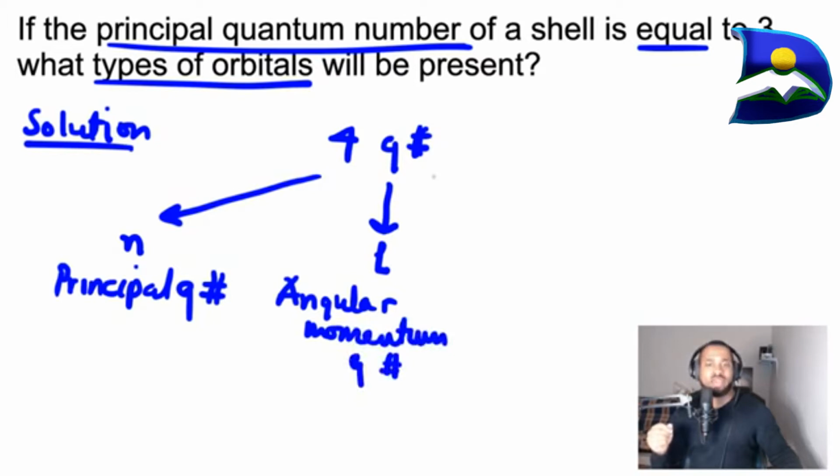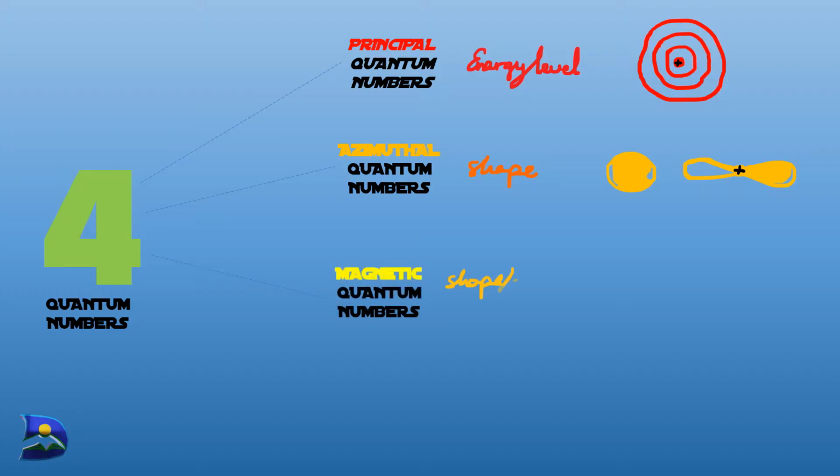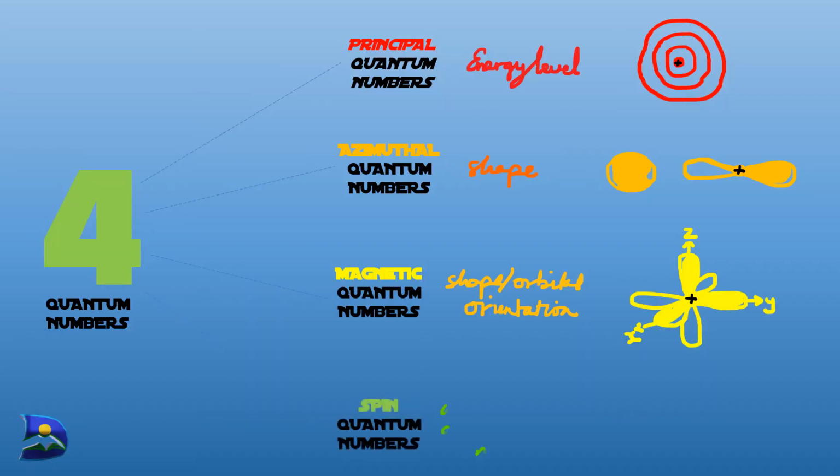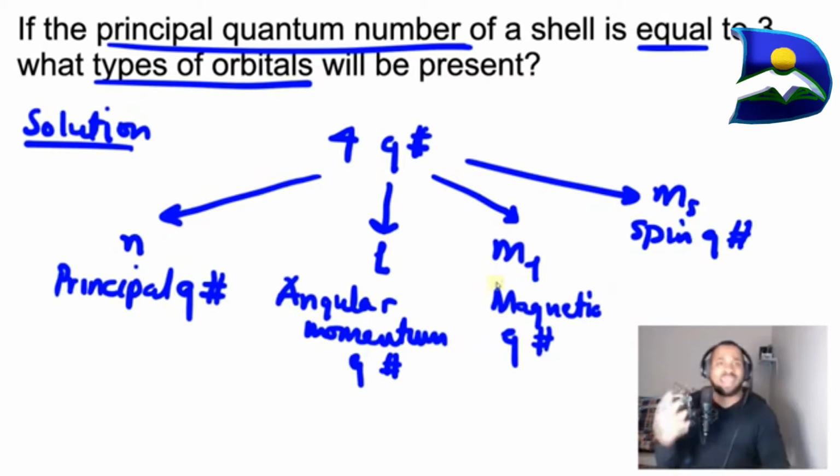Then the next one is m subscript l, which is called the magnetic quantum number. And finally, m subscript s, which is the spin quantum number. Let's look at all these 4 quantum numbers in detail, what each of them represents, and how this is important in solving our problem.